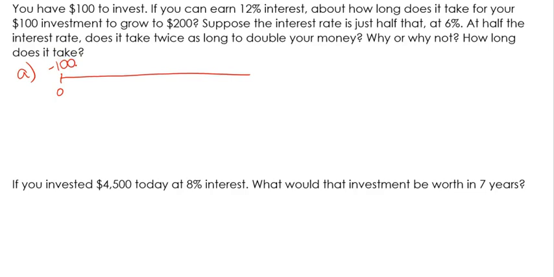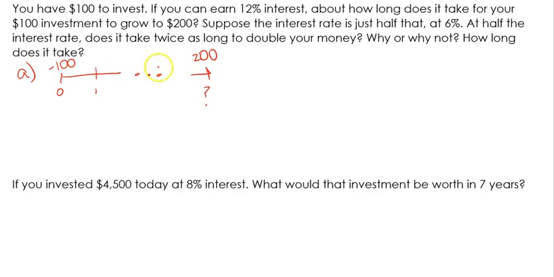It's a cash outflow. Now, at some point, our investment is going to be worth $200. And at that point, we would withdraw it, and that would be a cash inflow. So at some point, we don't know when, our investment would be worth $200. And our interest rate is 12%.